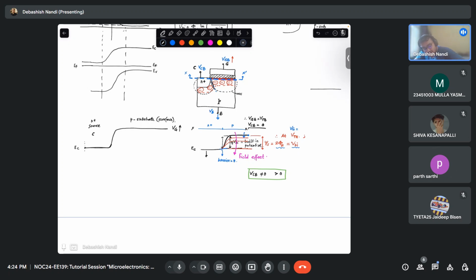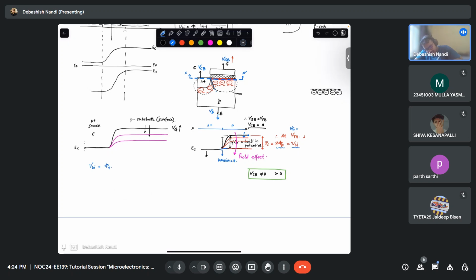When you increase your VG, first your depletion will take place, then electrons will start to come to the surface. So what is happening to the band diagram? This value is getting lower. Do you see that as VG increases, this will start to reduce? Yes, it reduces.